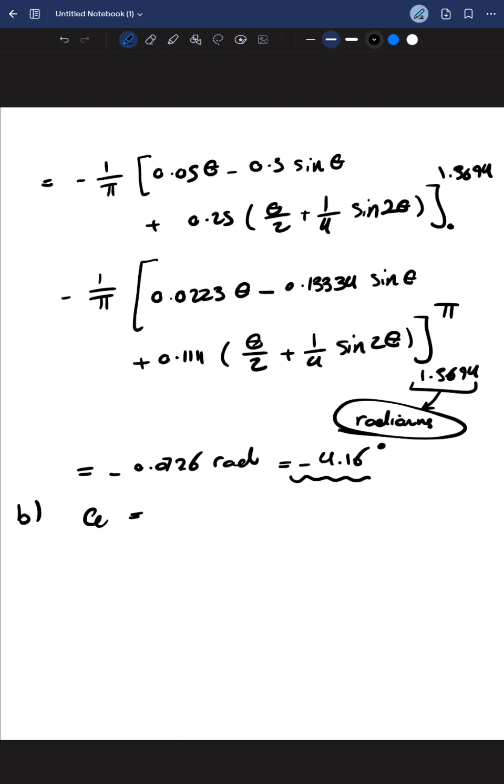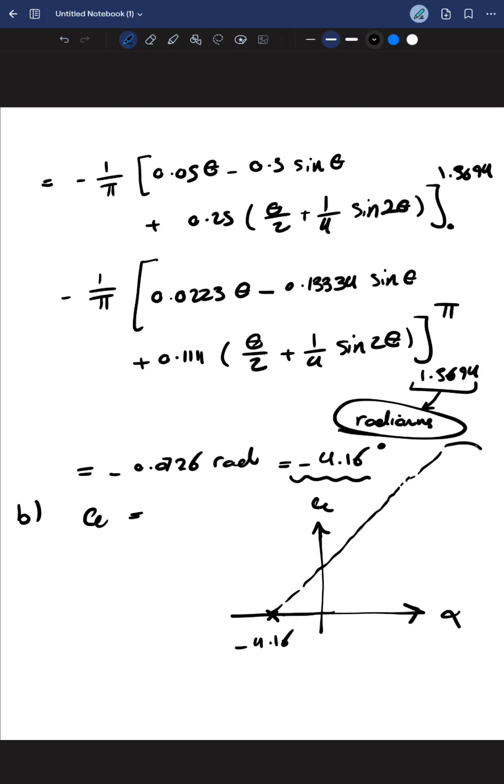And for part B, we are asked to find the lift coefficient. Let me actually remind everyone of this: lift coefficient versus angle of attack. For this special case, we have zero lift angle of attack as negative 4.16 degrees, and then this is linear up until the stall point.